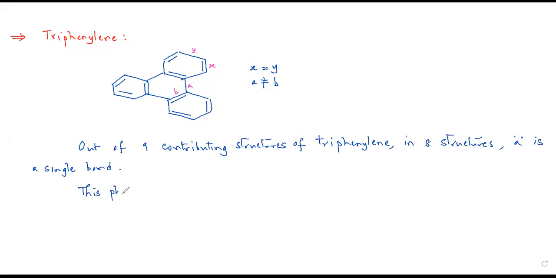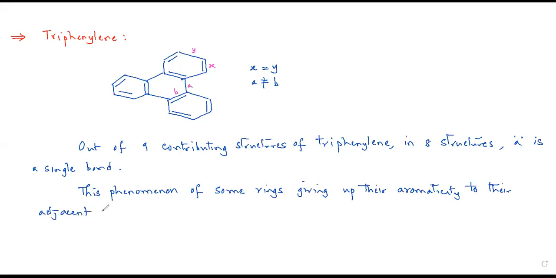This phenomenon of some rings giving up their aromaticity to their adjacent rings is known as annihilation. This is very interesting. This particular ring has given aromaticity to the remaining 3, but it has lost its aromatic nature. This kind of phenomenon is called annihilation. Okay.